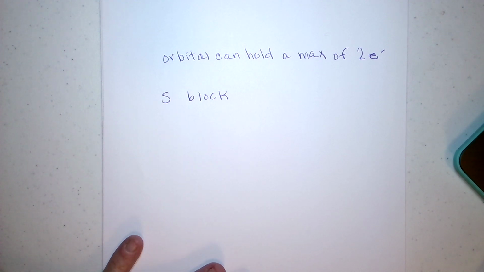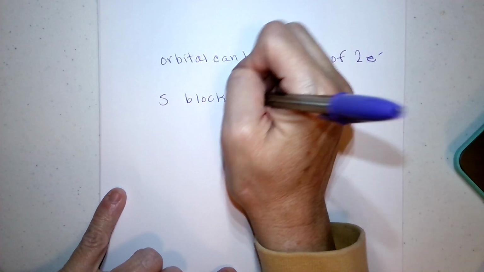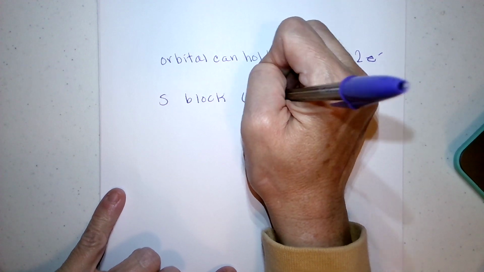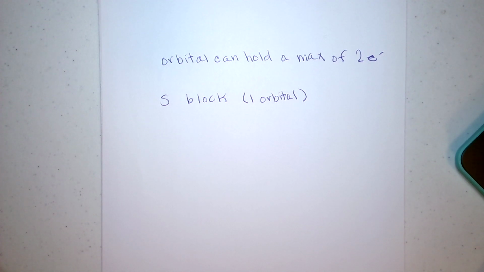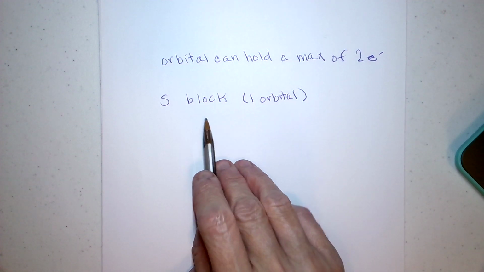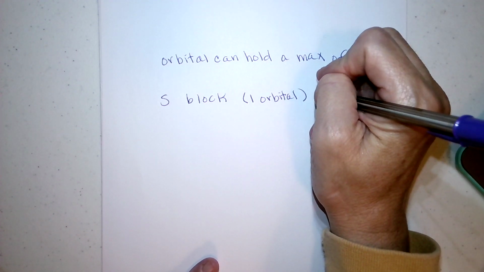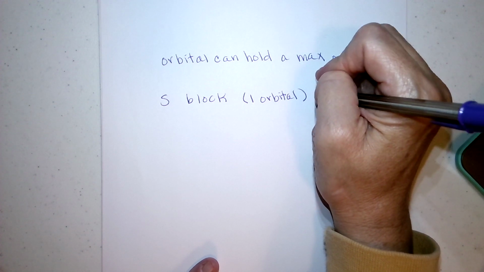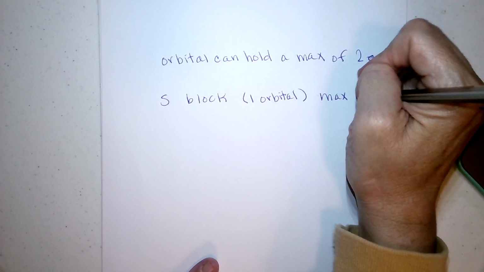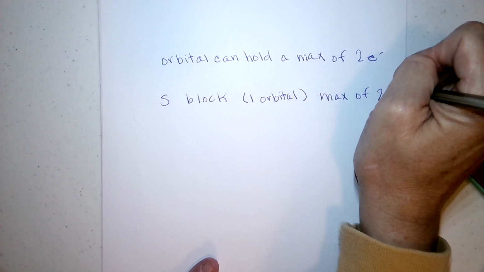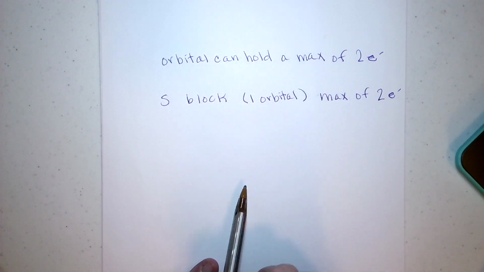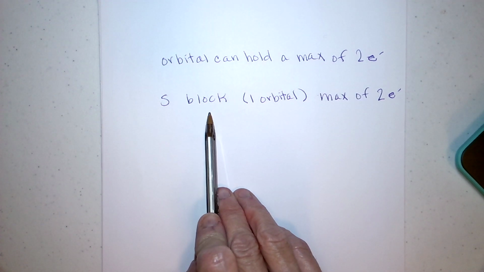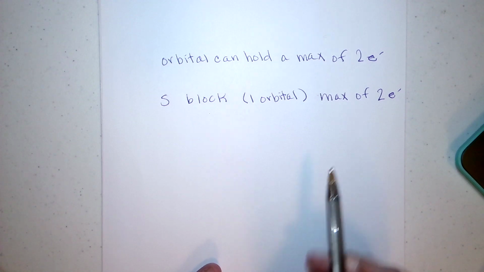Okay, so the S block only has 1 orbital. Since each orbital can only hold a max of 2 electrons, that S block can only hold a max of 2 electrons, right? Which makes sense. If the S block only has 1 orbital and each orbital can hold 2 electrons, the S block can only hold a maximum of 2 electrons.